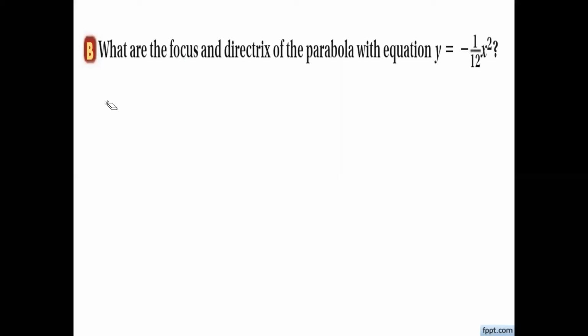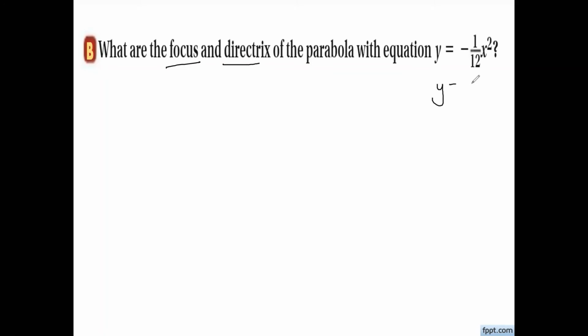Part B: what are the focus and the directrix of the parabola with equation y equals negative 1 over 12 times x squared? So we need to find the focus, or c, and the directrix.